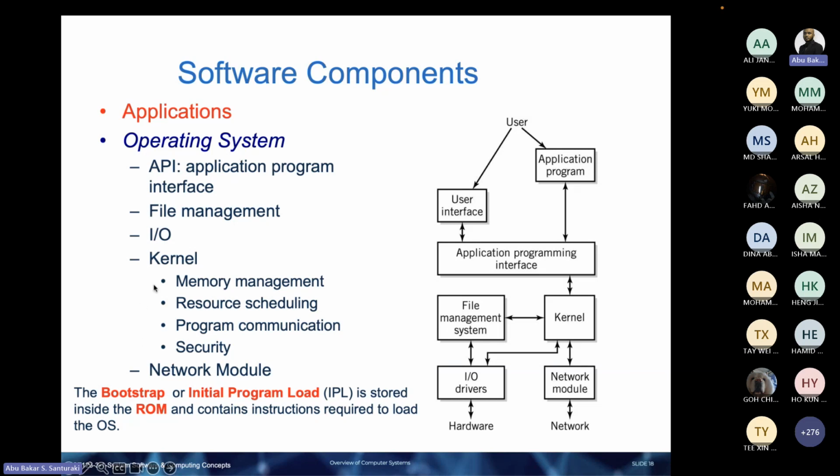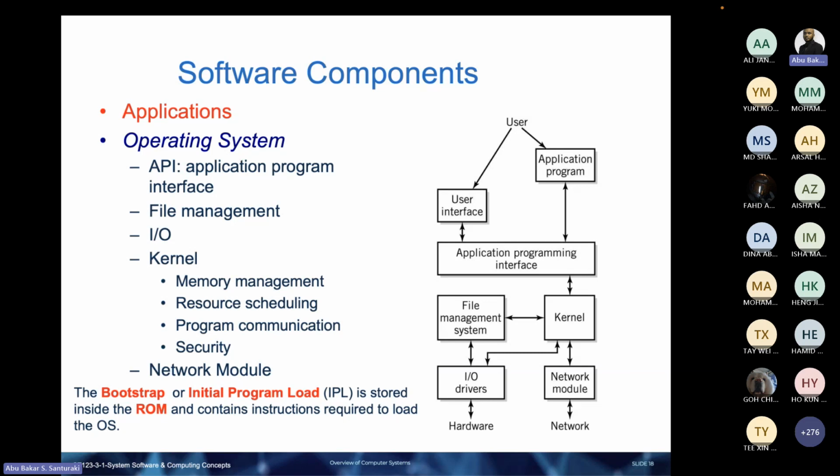The kernel is the heart of the operating system. It's always loaded onto memory, and it contains instructions that control and govern all the basic functions of the computer. The bootstrap program is the part of the operating system that helps load the operating system when you're powering on your computer.